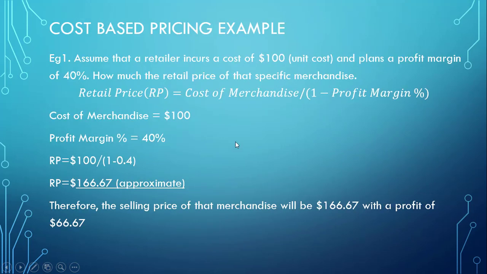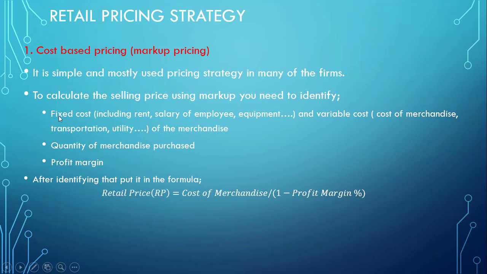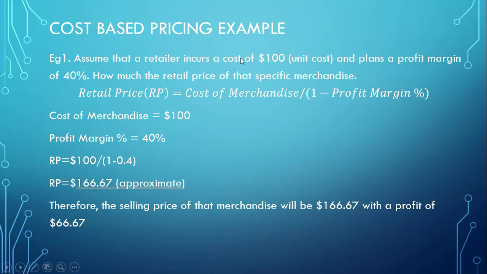As an example, I'll give you two examples to discuss how we are going to calculate cost-based pricing. Assume that a retailer incurs a cost of $100, meaning the unit cost. By unit cost, I mean the unit fixed cost plus the unit variable cost. So it is $100 and the retailer plans a profit margin of 40%. How much will the retail price be?